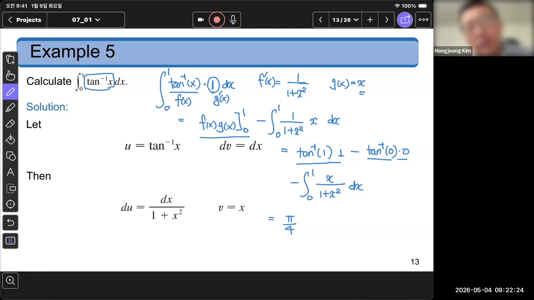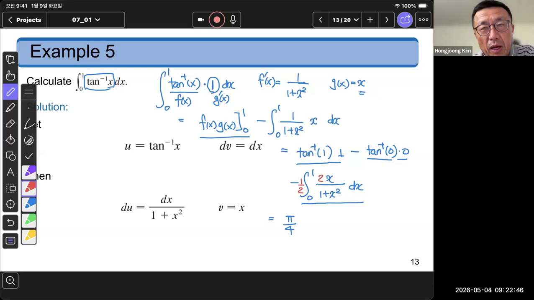Now when I look at this integral, I have x over 1 plus x squared. If you remember, when I differentiate 1 plus x squared, you get 2x, right? So if I put 1 half in front and then put 2 in the numerator, we get the same integral.